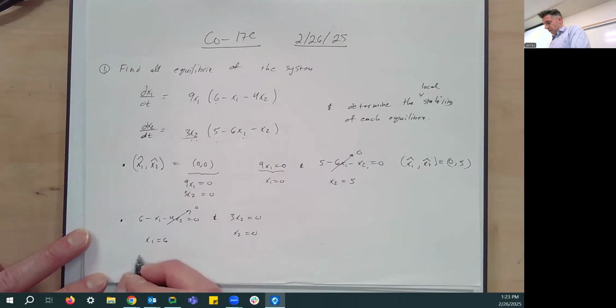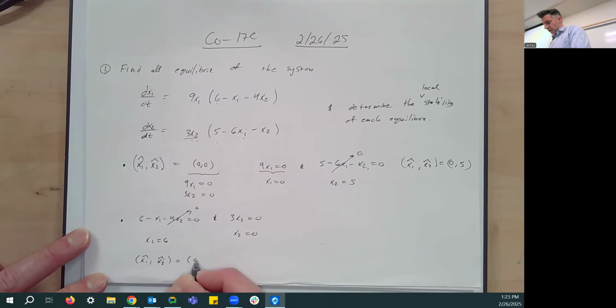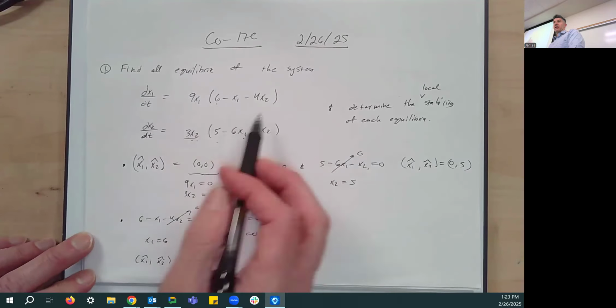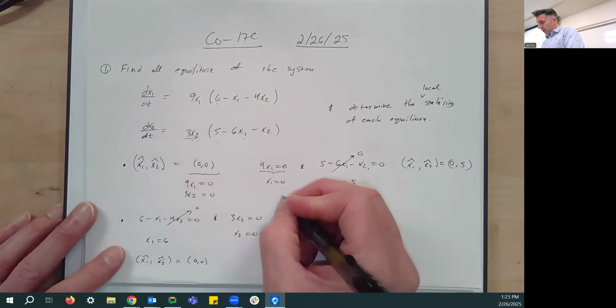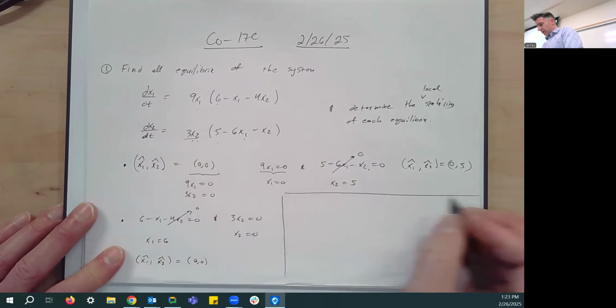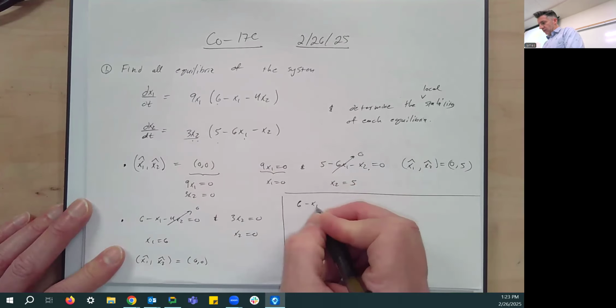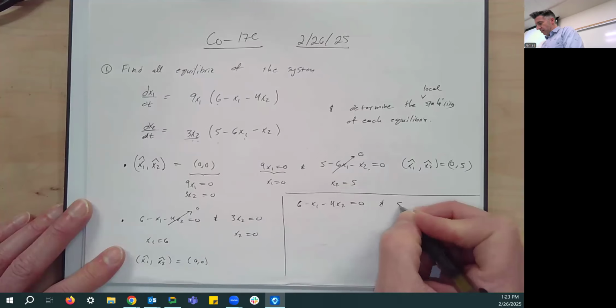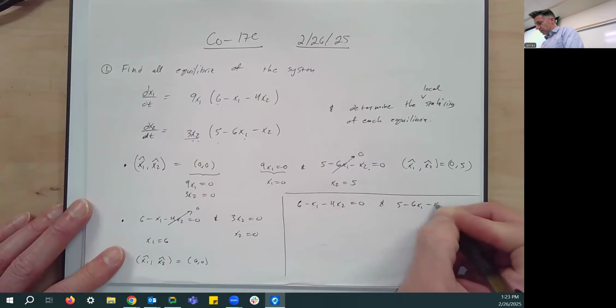So another equilibrium is x1 hat, x2 hat equal to 6, 0. And finally, the hardest combination is setting the two pieces that aren't easily 0 equal to 0. So the last part here, I'm going to set 6 minus x1 minus 4x2 equal to 0, and 5 minus 6x1 minus x2 equal to 0.